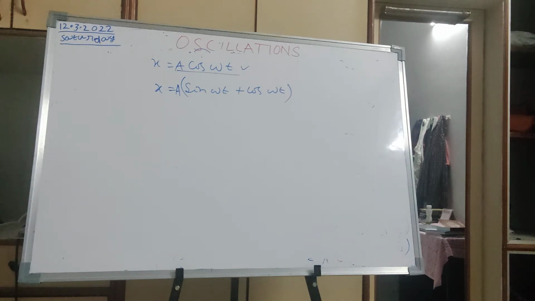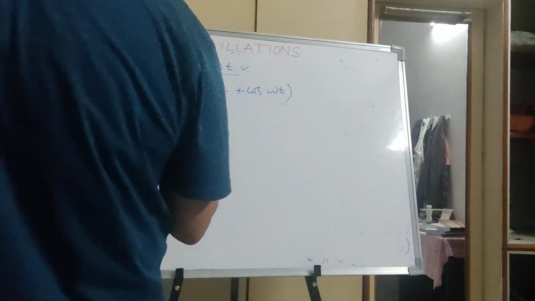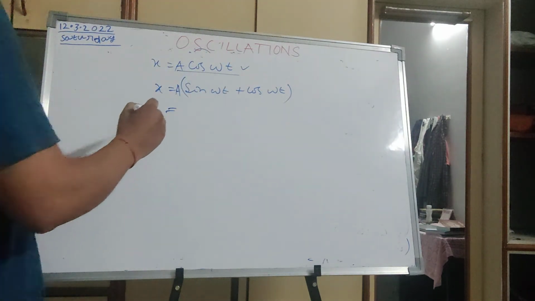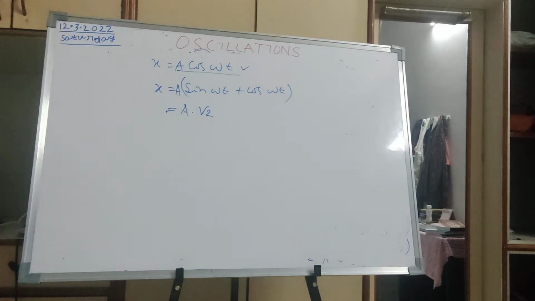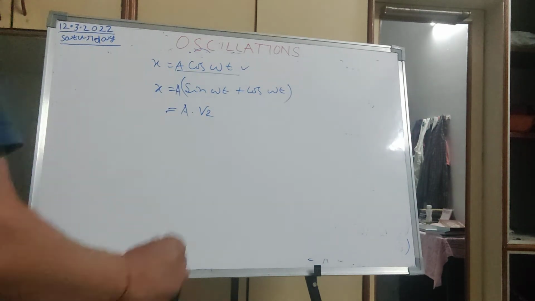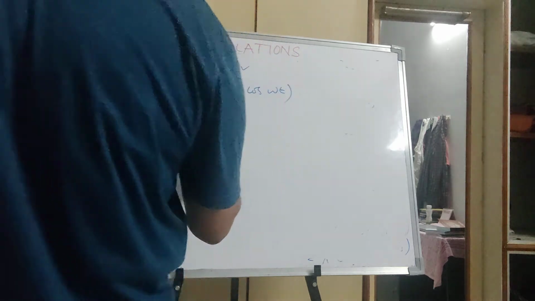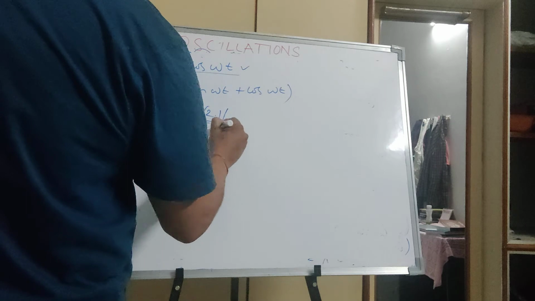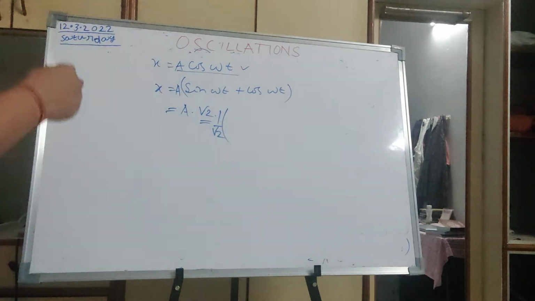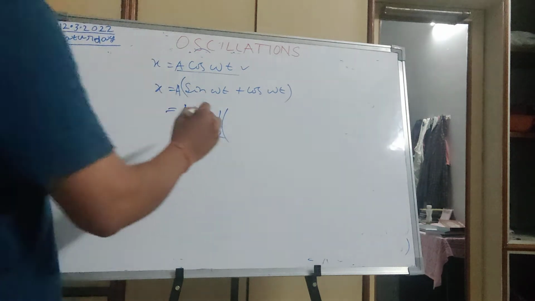How do we prove it? Let us multiply a by root 2 here. If I multiply root 2 outside, I have to divide by root 2 inside, so it remains the same.